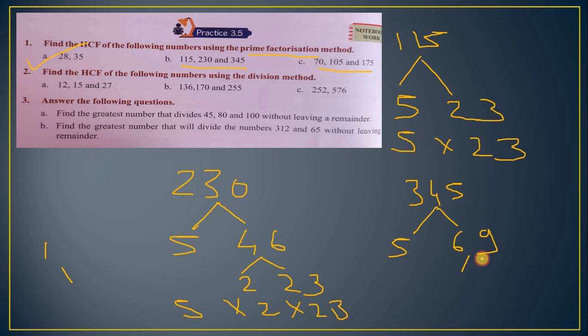So again you can split this number. It is coming in multiplication table of 3. So its prime factors are 5 into 3 into 23.